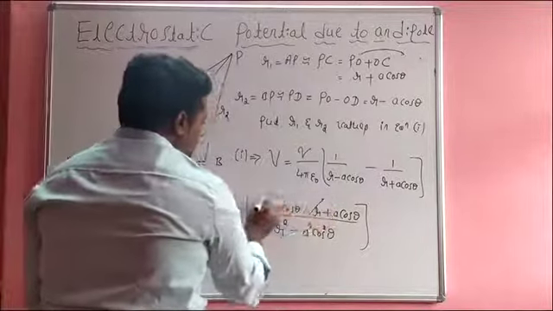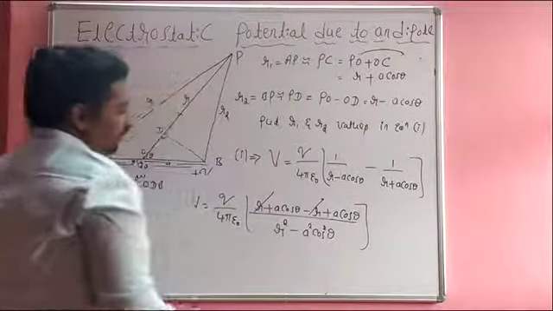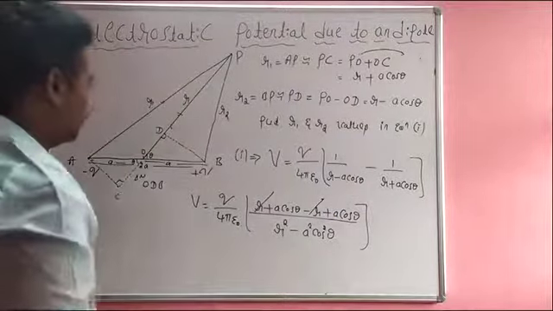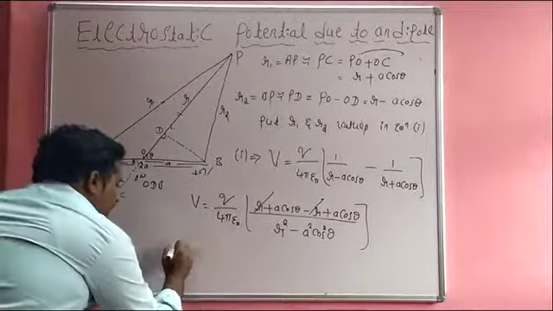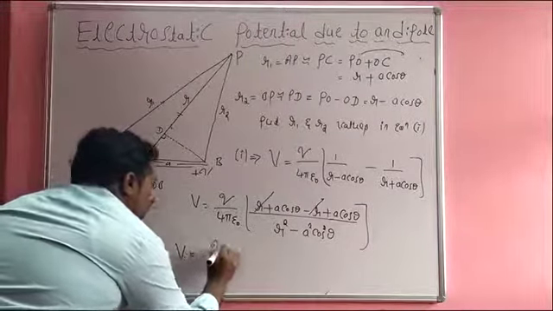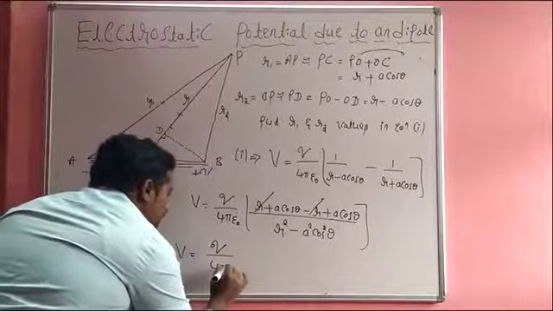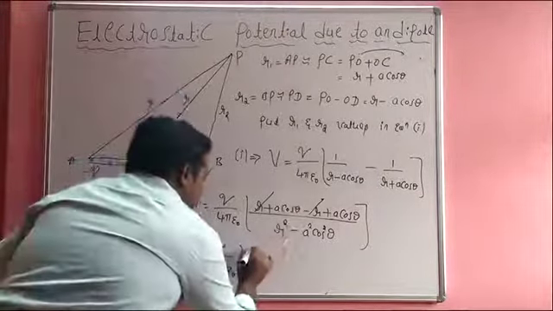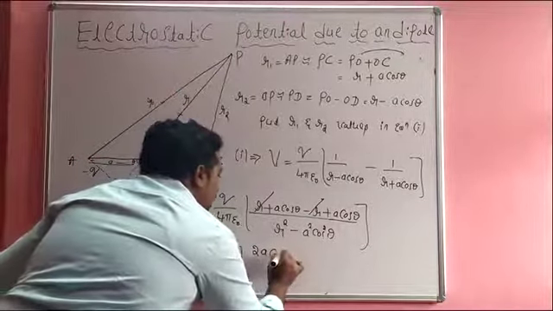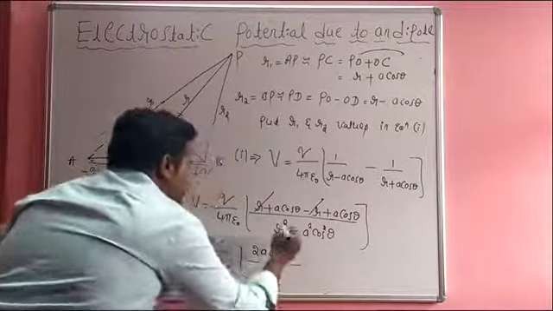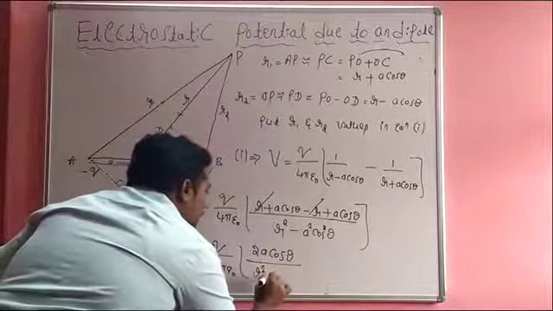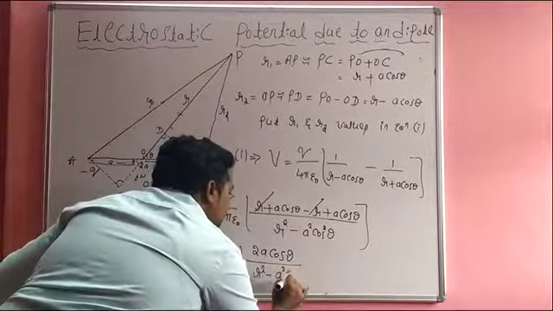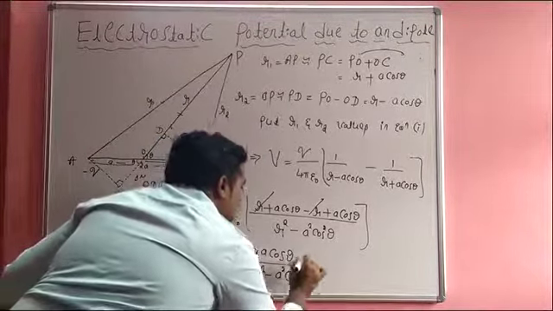So the plus and minus terms cancel, giving A cos theta plus A cos theta, that is 2A cos theta. So V is equal to Q divided by 4 pi epsilon naught times 2A cos theta divided by R square minus A square cos square theta.